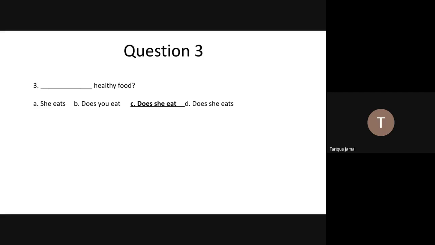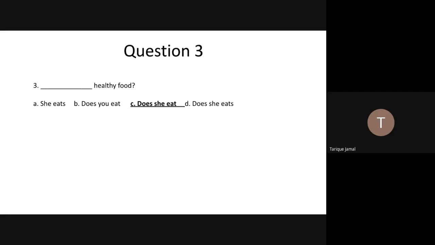So it's a question. Blank healthy food, right? She eats. So she eats. Then this is a sentence, right? This is a statement. It's not a question. So our options that we have here, B, C, or D, right? So now which is the correct one? So does you eat? So we know that. What did we learn?